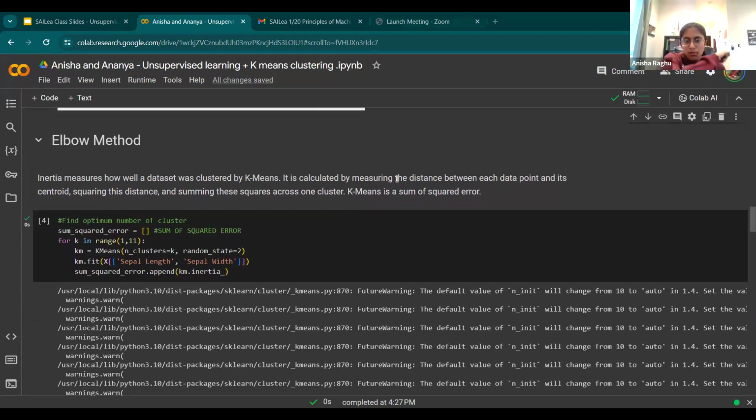So could someone who was in the meeting before this tell me what exactly the elbow method is? Just write in the chat what you think the elbow method is.